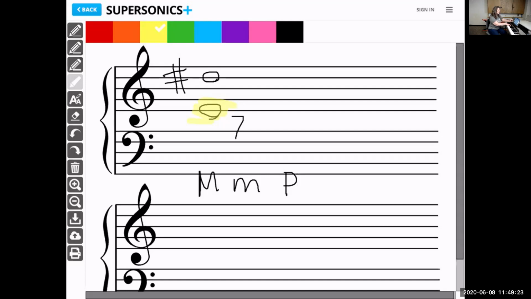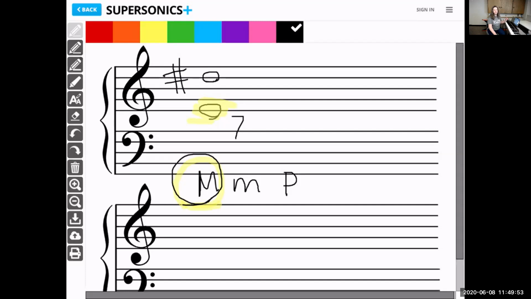So I know that that has to be the major seventh interval, because that D sharp does occur naturally in the E major scale. So if I were just playing my E major scale, I would have to play that D sharp anyway. So I know that that interval, E to D sharp, in this case, has to be a major seventh. Hopefully that makes sense.